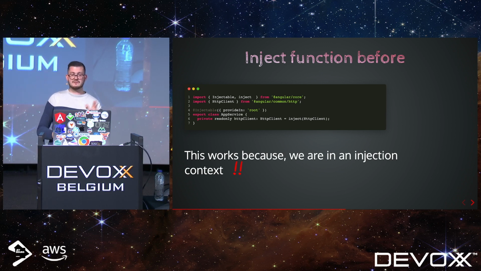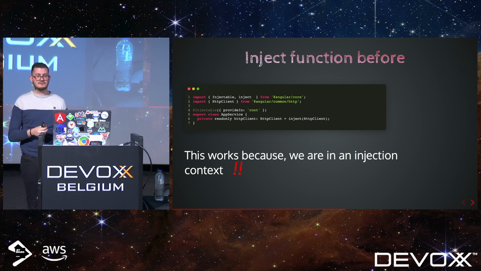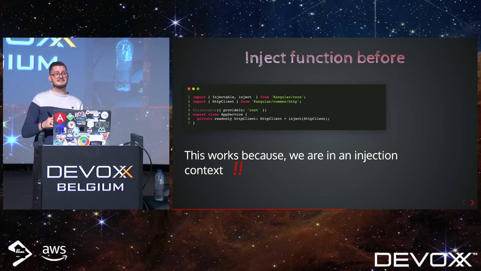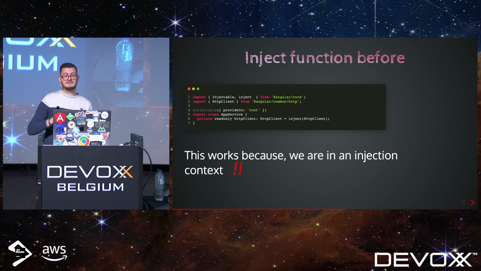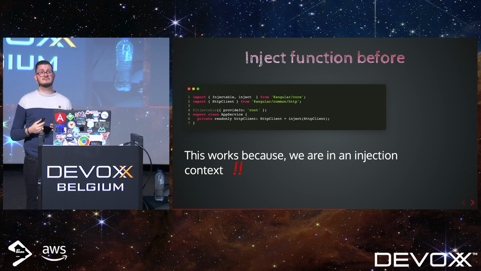Before Angular 14, Angular gave us a function called inject, and this function takes a token as an argument. This function lets us avoid writing a constructor in providers, and this function worked only in providers before Angular 14, because before this version, the inject function could be called only in an injection context.